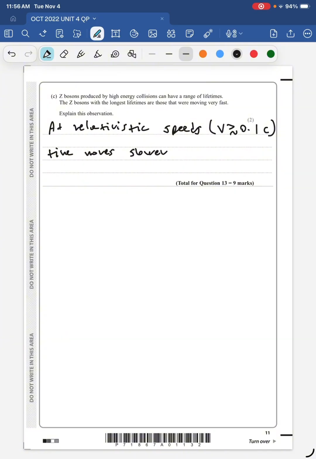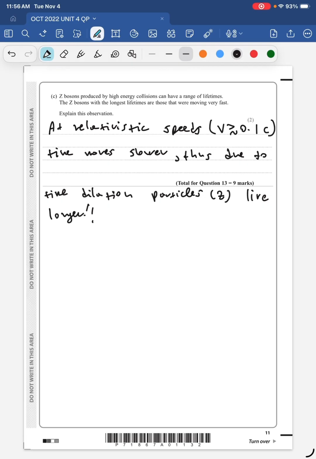Thus, due to time dilation, particles, in this case Z, live longer.